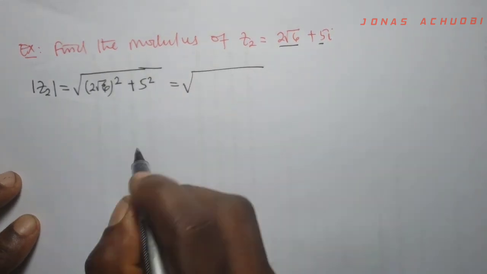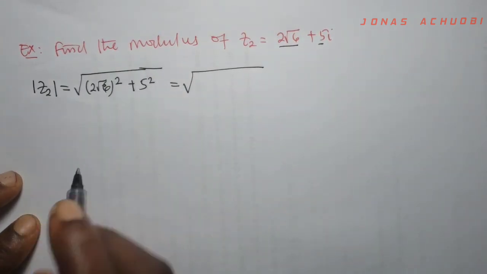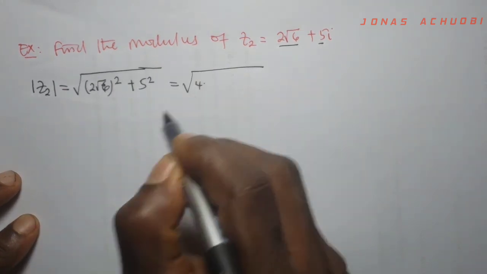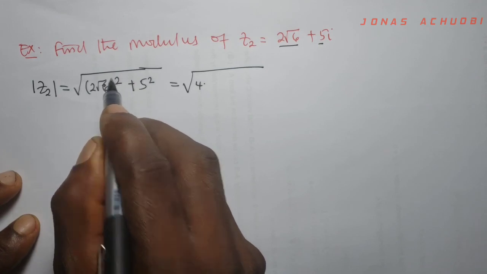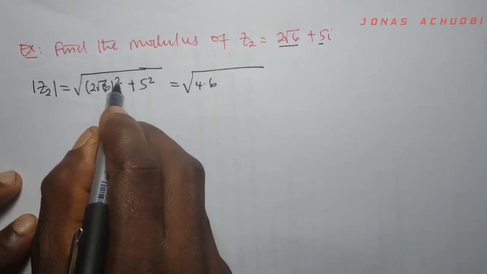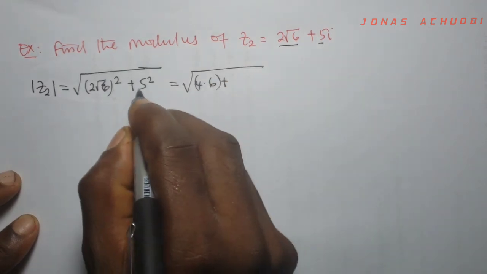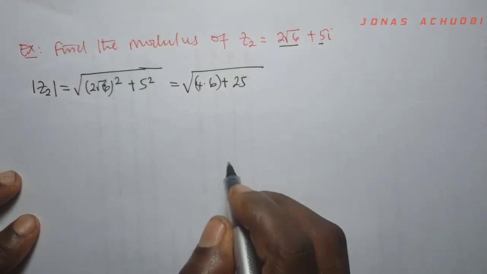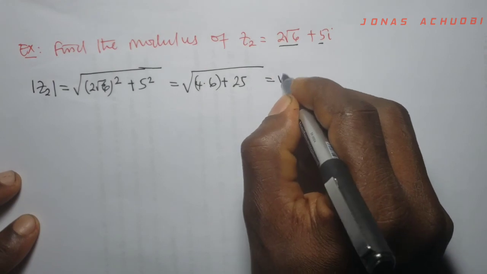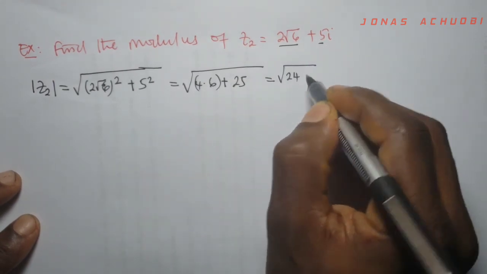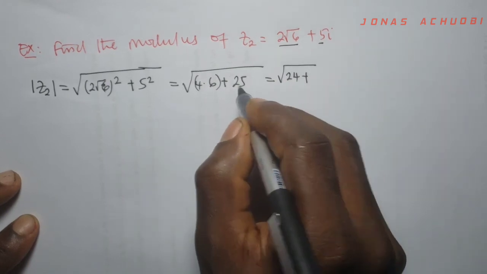Equal to the square root of, now 2 root 6 all squared, we have to be careful with it: 2 squared is 4, times the square root of 6 all squared, which is 6, since the square cancels the square root. Plus 5 squared is 25. This is equal to the square root of 4 times 6, which is 24, plus 25.